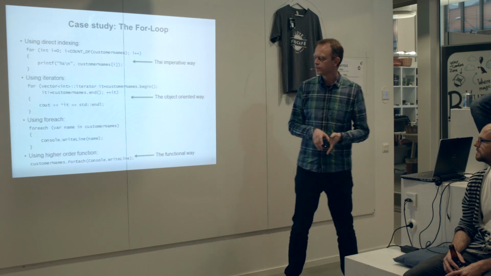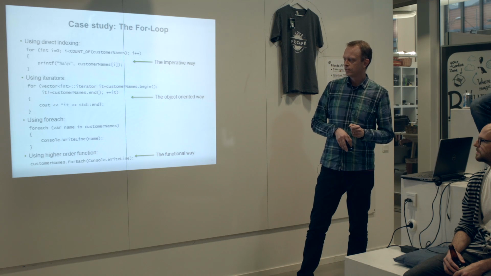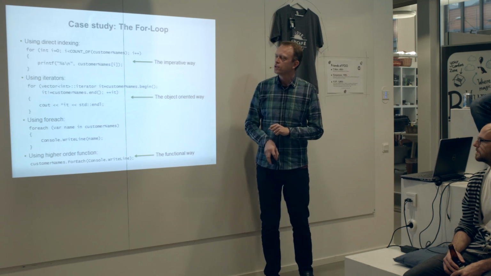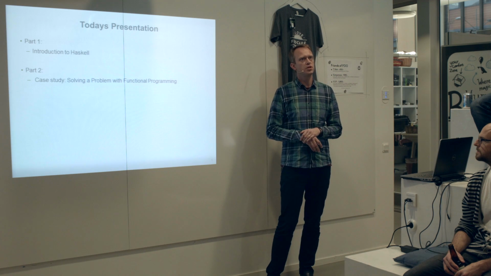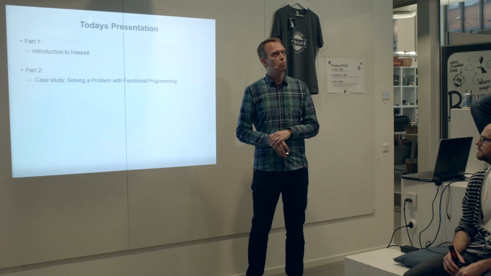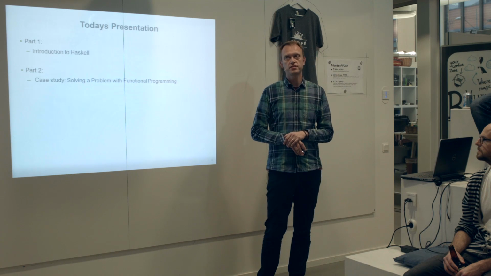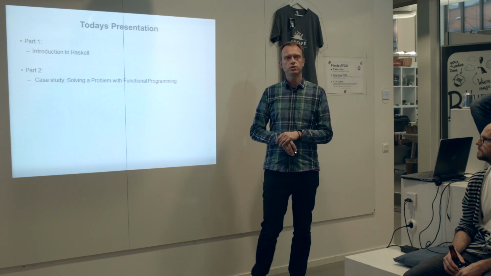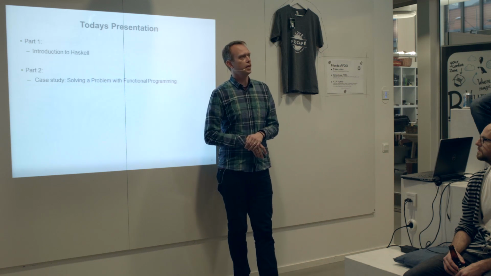All right. So that's it about this introduction. I will split this presentation into two, as you heard, and we will have pizza in between. In the first part, I will give you a very quick crash course into Haskell. I will show you many of the structures in Haskell and how to apply them.